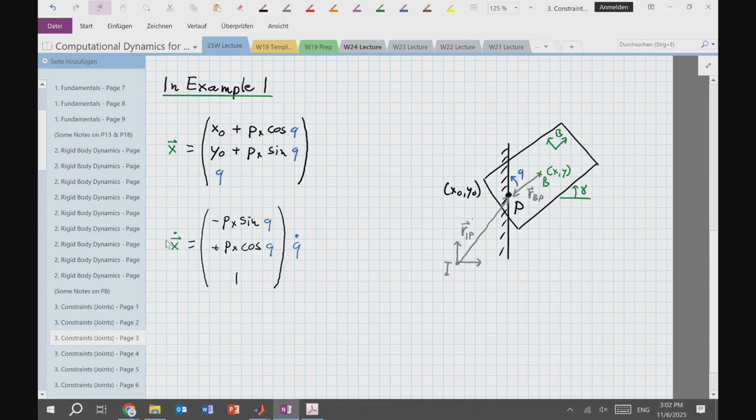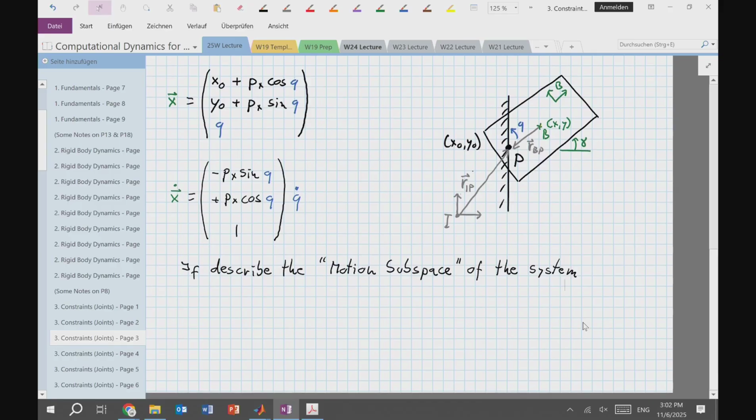So the columns of JF describe the motion subspace of the system. So it gives me the directions of possible motion.